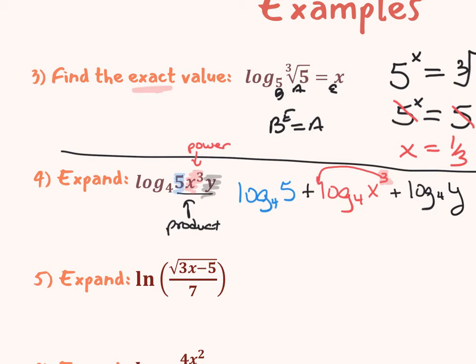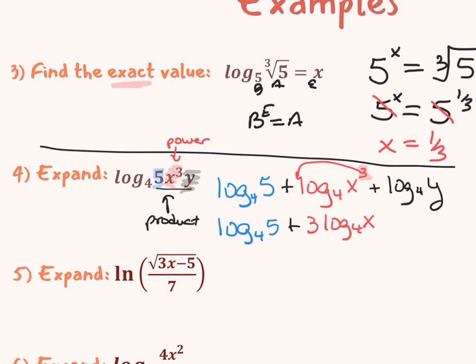So my final answer here is going to be log base 4 of 5 plus 3 times log base 4 of x, and then the black one doesn't change, log base 4 of y. So I just used my product property and my power property to expand this log.